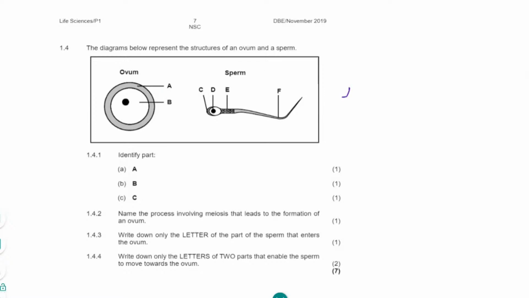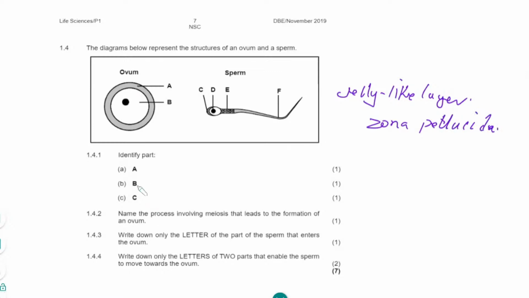Just say jelly-like layer instead of writing zona pellucida, it's not needed for now. Write jelly-like layer, you'll get a tick.